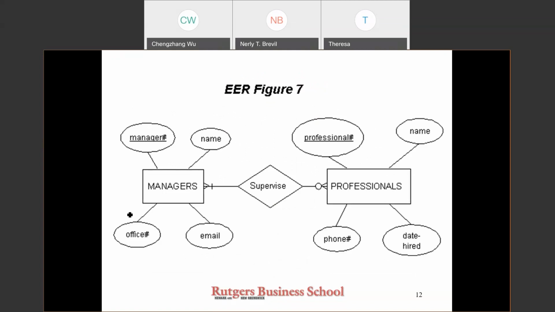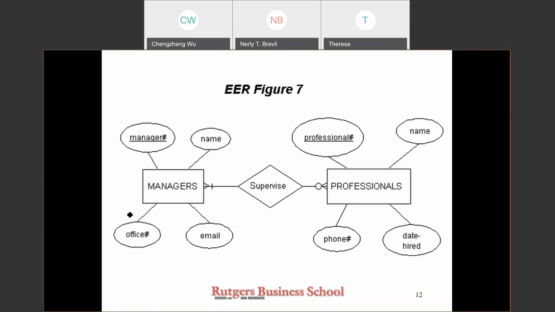All right, finally, let's see how the ER diagram can be enhanced to show the attributes. The attributes are shown in the ER diagram using ovals attached to each entity or relationship. So in this figure, let's assume that managers have some attributes like the manager number, which is the primary key, as well as name, office number, phone number, and email.